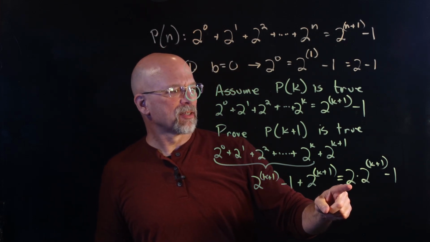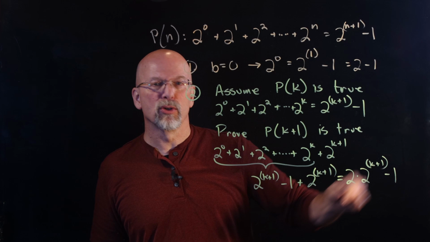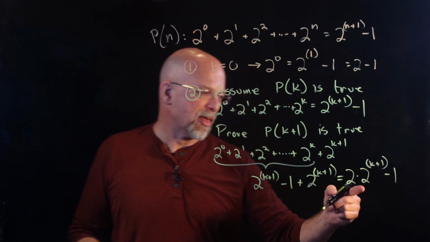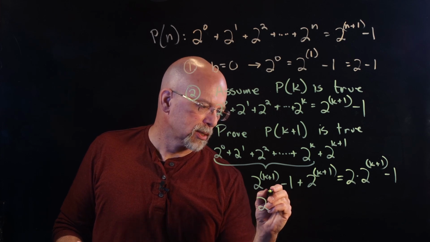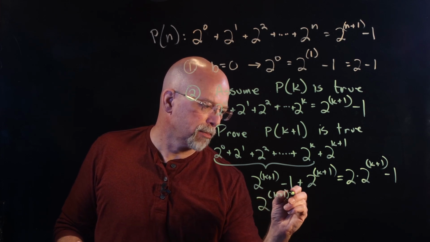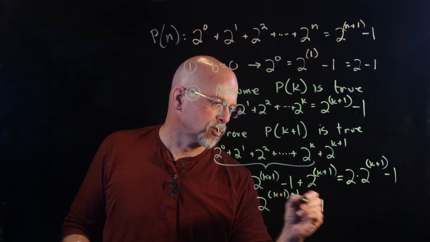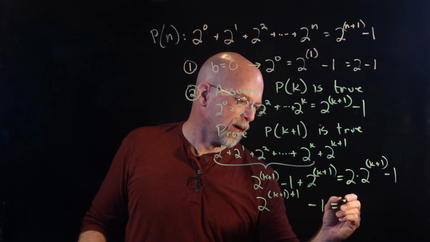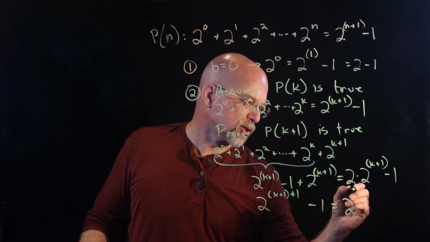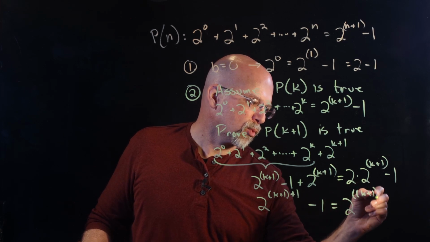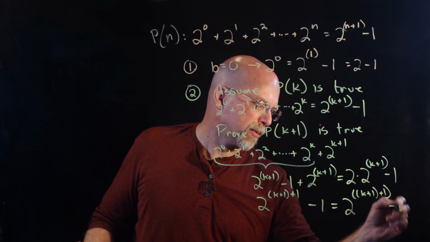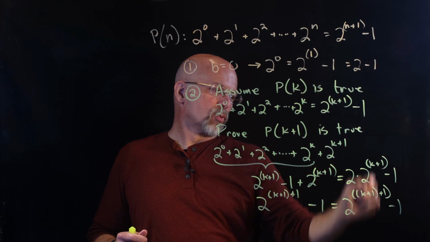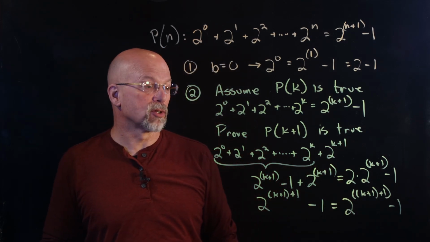Well, what happens if I multiply 2 times 2 to some exponent? Well, I increase the exponent by 1, and that becomes 2 to the k plus 2 minus 1. Well, isn't that really our 2 to the n plus 1 expression over here, where k plus 1 has been substituted in for n?